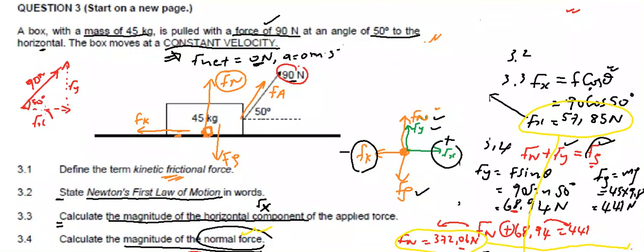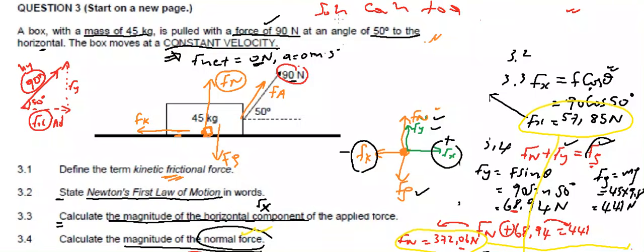Therefore, to get this one, which trig ratio are you going to use? This one is the adjacent side. This one is the hypotenuse side. So we have SOHCAHTOA.